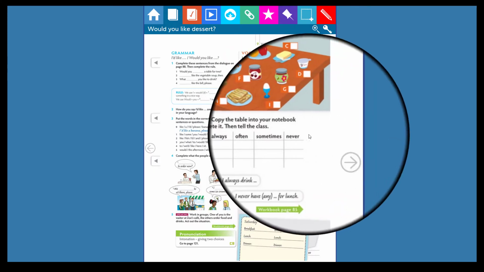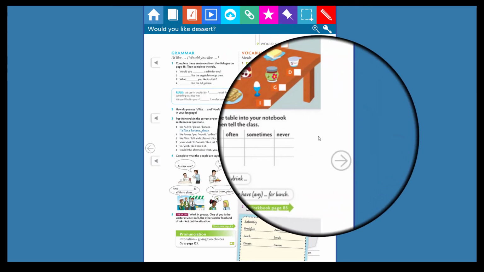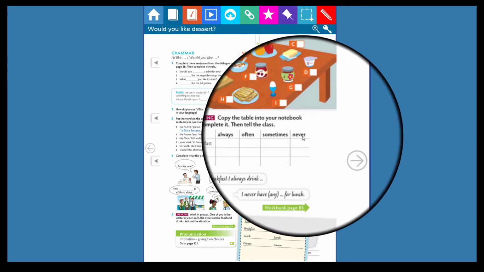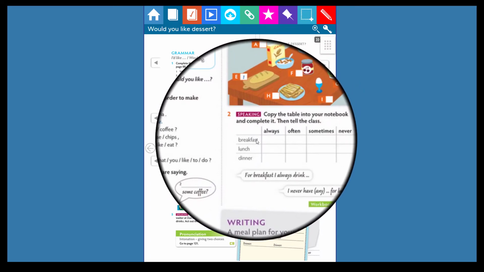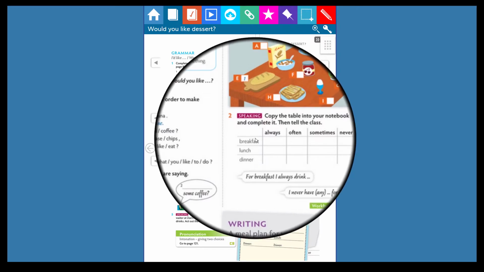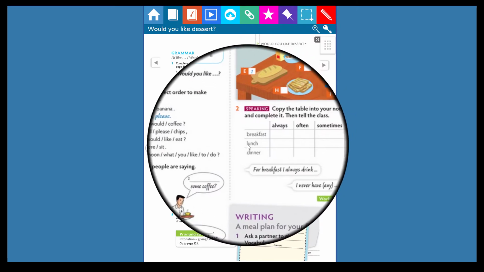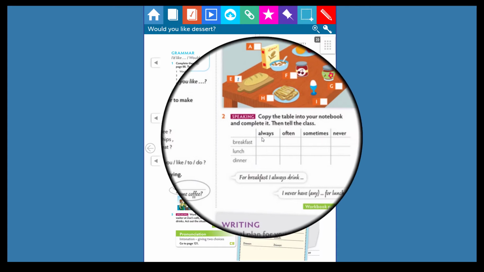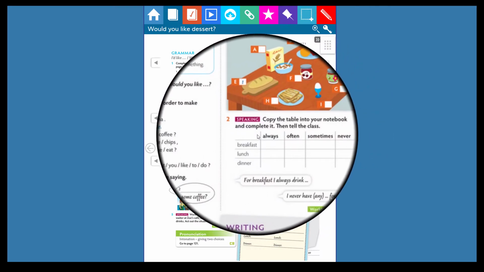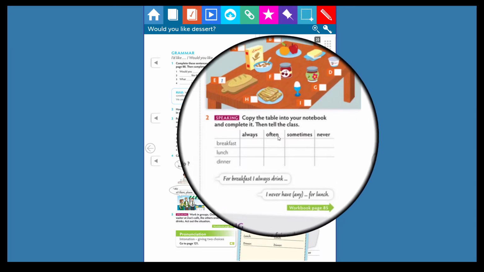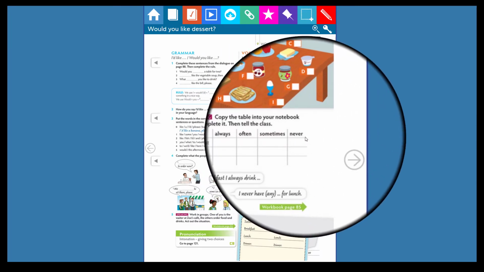Lo que van a hacer, chiquillos, entonces en esta actividad es copiar esta tabla en sus cuadernos y van a completarla con la información que se les pide. ¿Qué es la información que se les pide? Acá podemos ver 3 indicadores que son desayuno, almuerzo y cena. Y luego podemos ver acá los adverbios de frecuencia que nos indican siempre, a menudo, a veces y nunca.